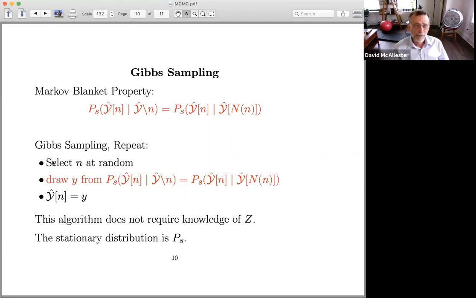So in Gibbs sampling, we're repeatedly selecting a node at random, and then we're going to draw Y from the probability distribution over this node given everybody else, which is equal to the distribution of this given the neighbors. And this can be computed without knowledge of Z, because I can simply compute a score for each value of this, which includes its unary potential and all the edge potentials just to the neighbors.